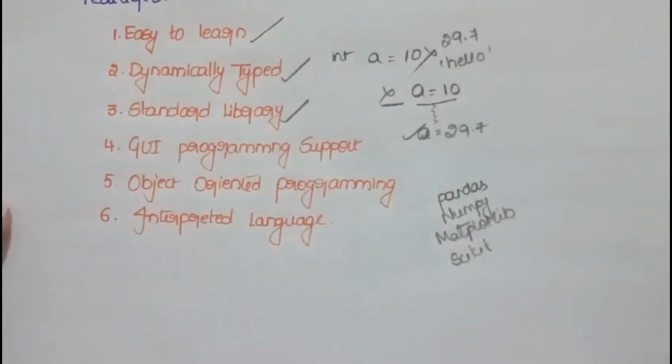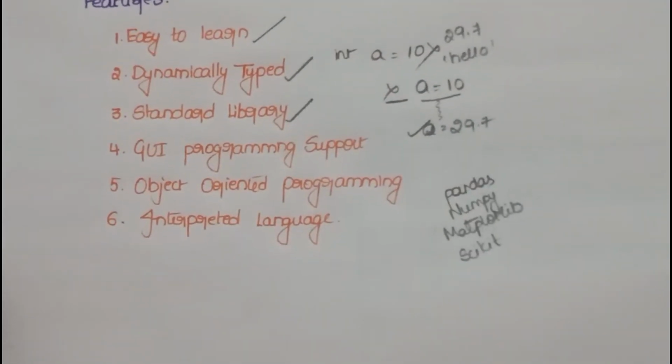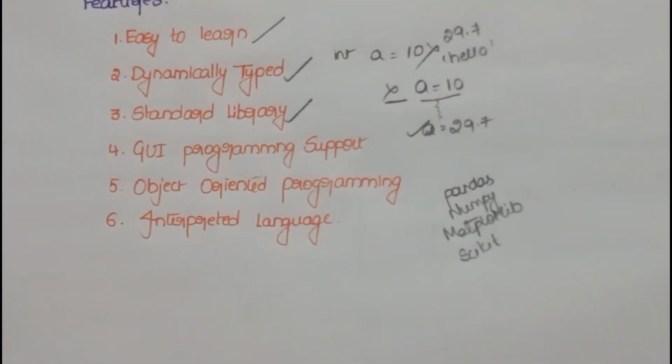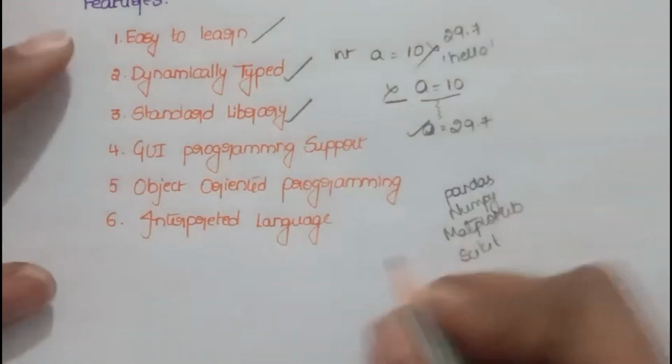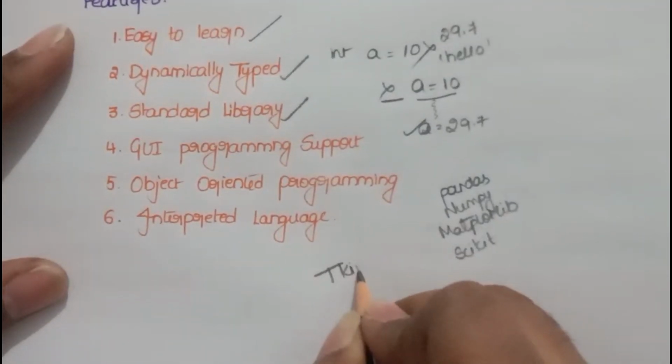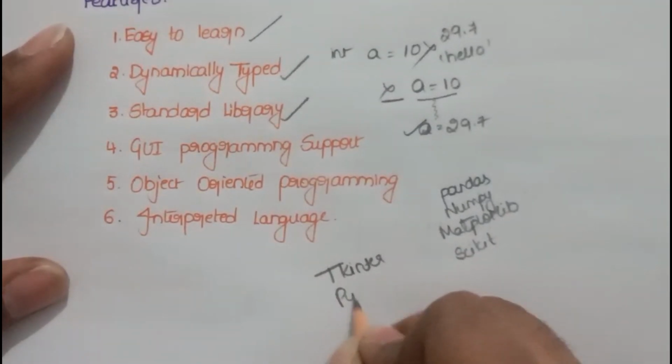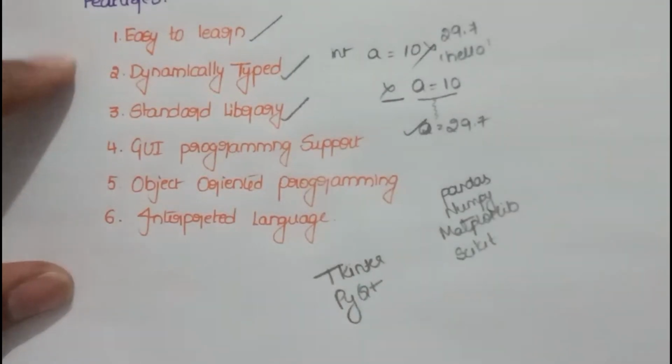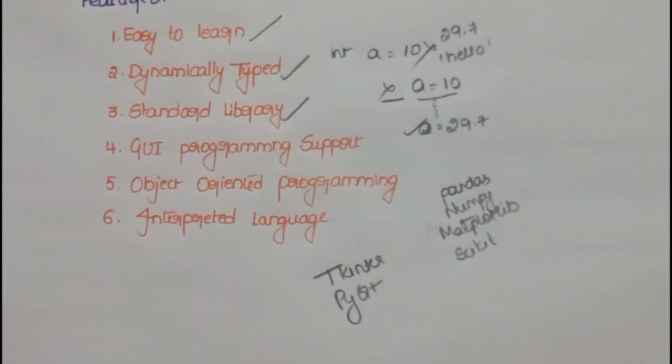The fourth important feature of Python is GUI programming support. GUI stands for Graphical User Interface. Python supports GUI programming through libraries such as tkinter, pyqt. There are a few other libraries you will get to know in the upcoming videos.